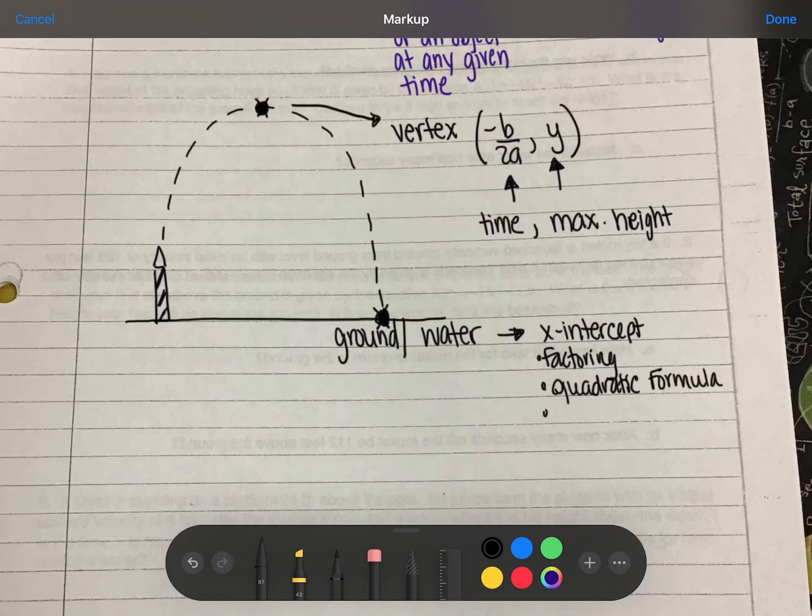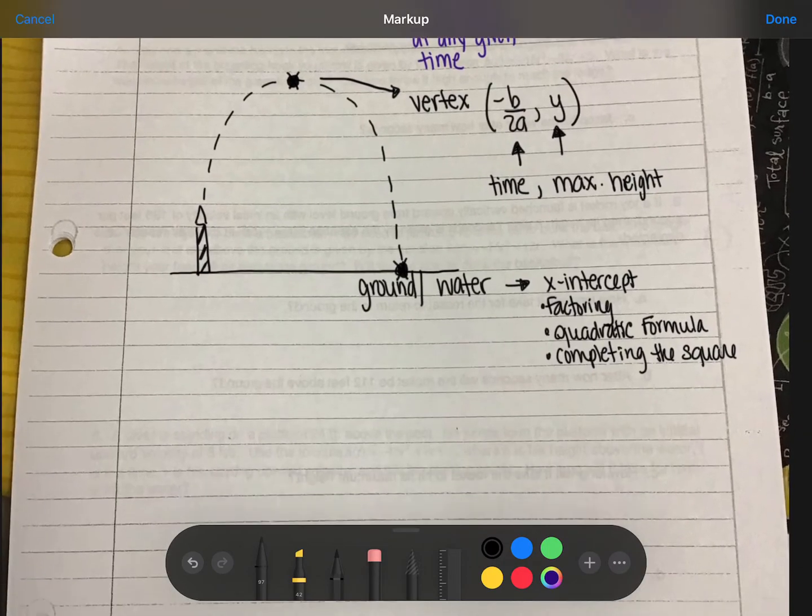Or it can be found by using completing the square. These are all things that we have studied on how to solve a quadratic equation. So factoring is probably going to be used often here. If you can't factor this, then you probably would want to use the quadratic formula. Completing the square, it's fun and all, but sometimes I think we lean more towards quadratic formula.